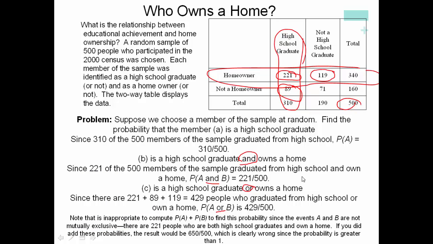So we're finding the probability that the member is a high school graduate. So here I have some values. Here's the 310. That's high school graduate out of 500.